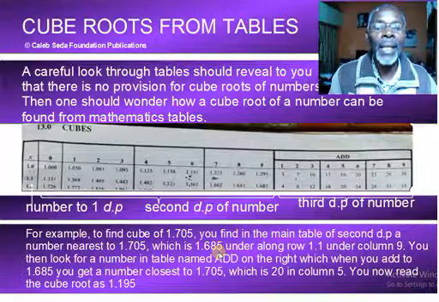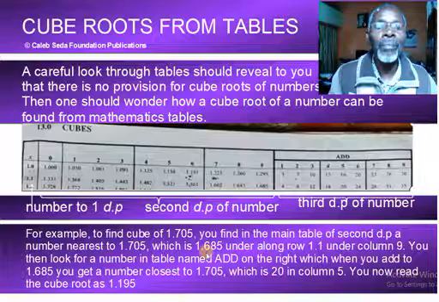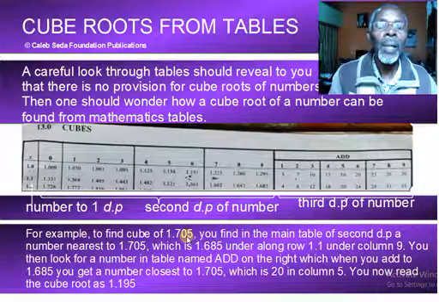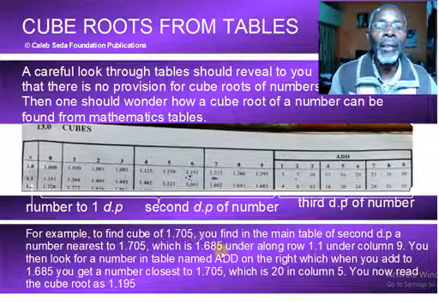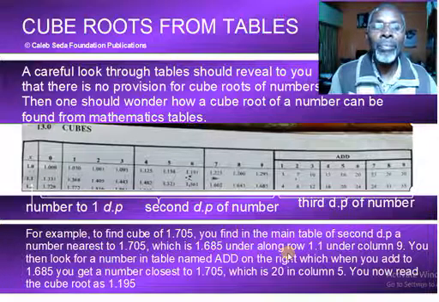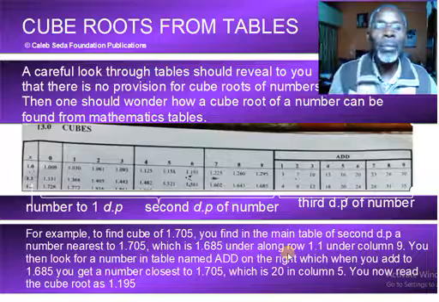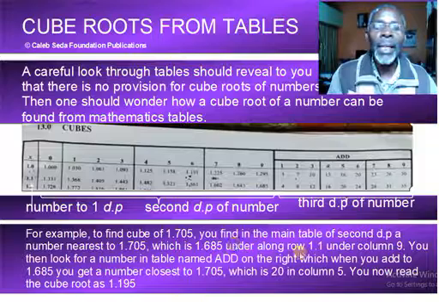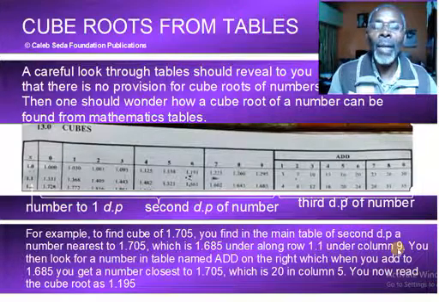The difference is, take away 1.685 from 1.705, you get a difference of I think 0.0020. And what is this? The 1.685 is along row 1.1 and under column 9.